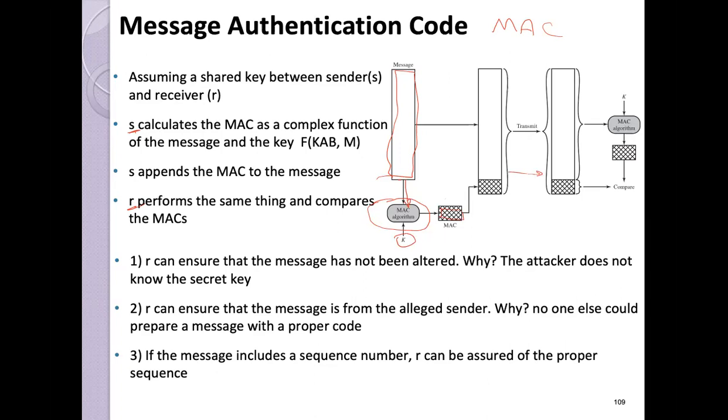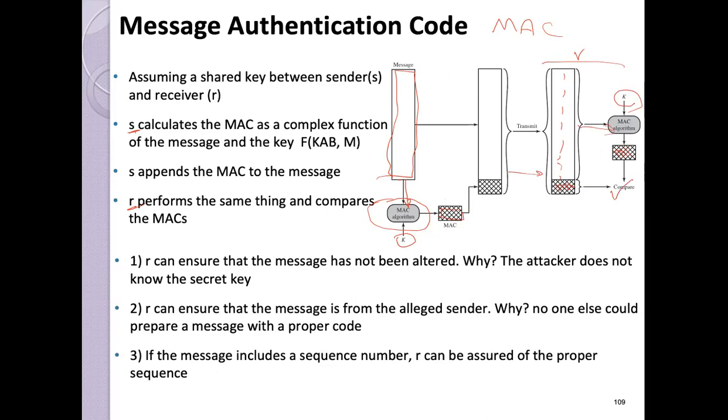At the receiver side, the receiver performs the same thing. It divides the content of the message and generates a MAC. Of course, they have a pre-shared key. It generates the MAC and compares it against the MAC that the sender has sent.